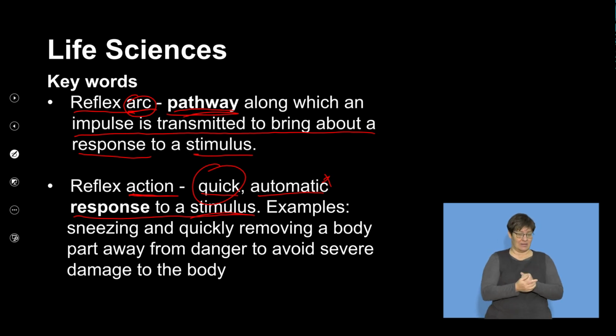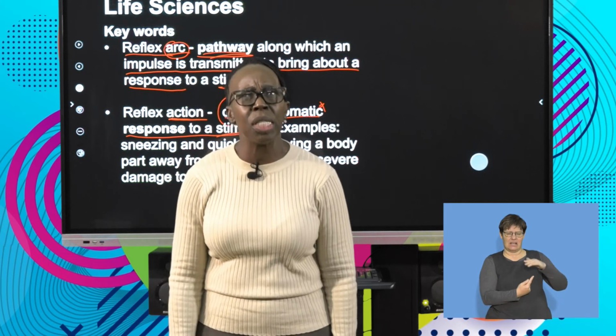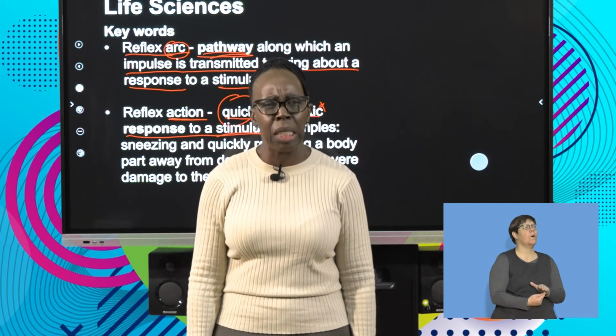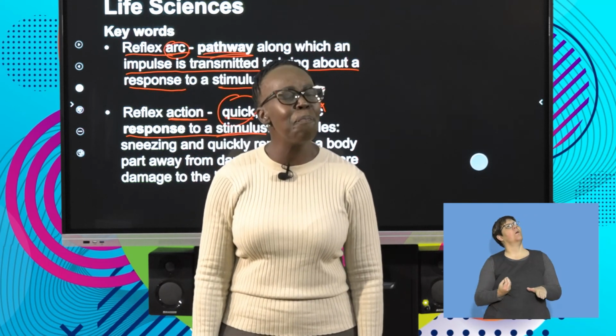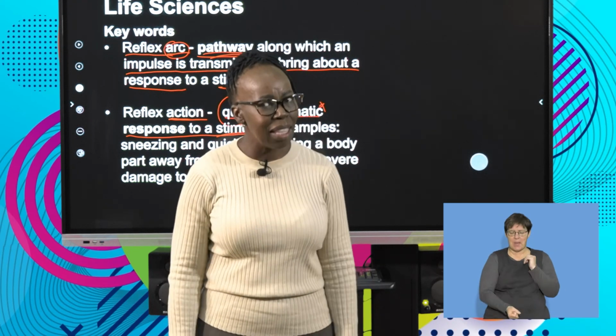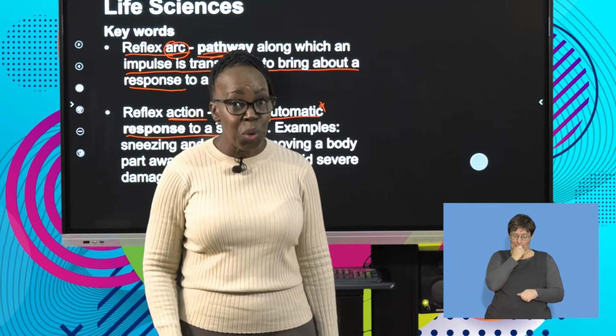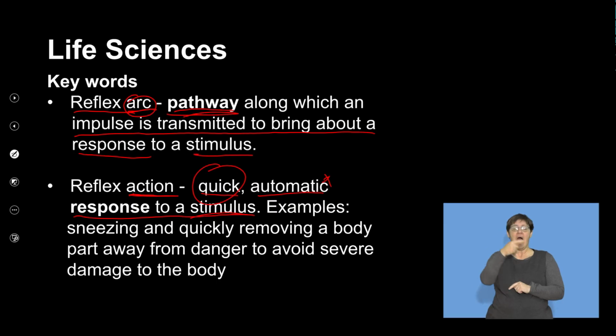Why do I say that? If you step on a pin, you cannot think about it to say, oh, this pin, I feel pain. Immediately, you pull your foot away from that pin. That's the reflex action. The impulse went through the reflex arc. I gave examples there that when you sneeze, you don't think about sneezing, because again, it's automatic. You just sneeze.